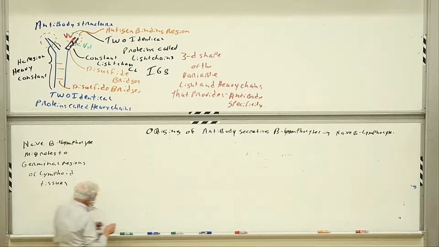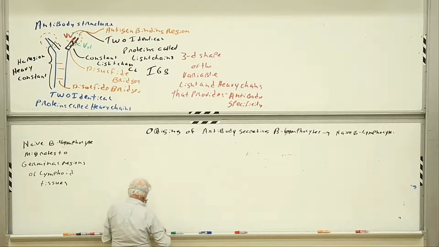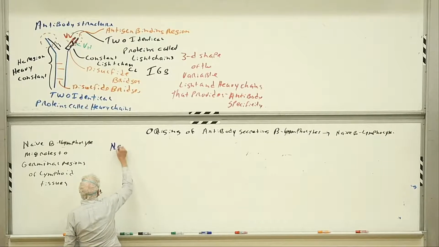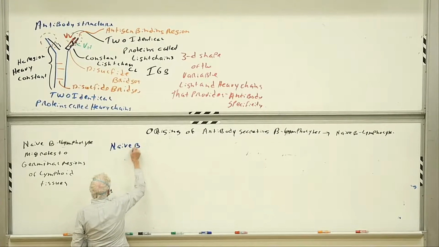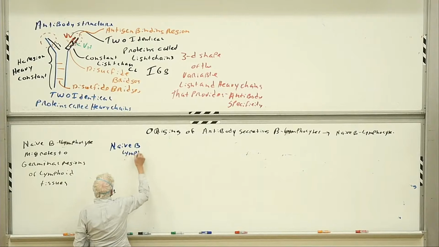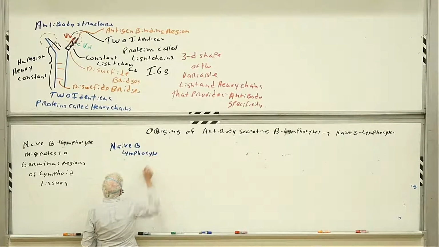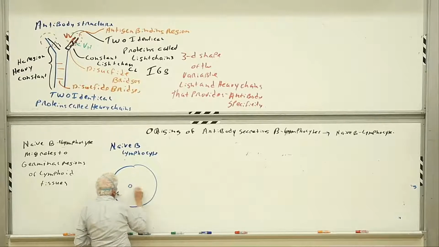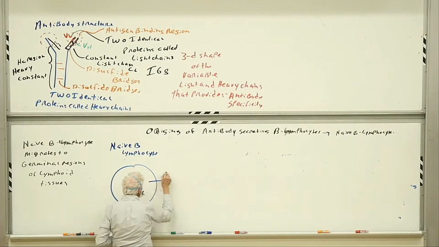Well, if we look at one of these naive B lymphocytes, the naive B lymphocyte has a transmembrane protein out here as an antibody.